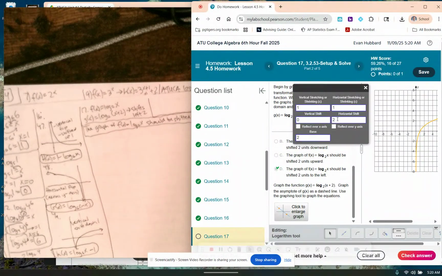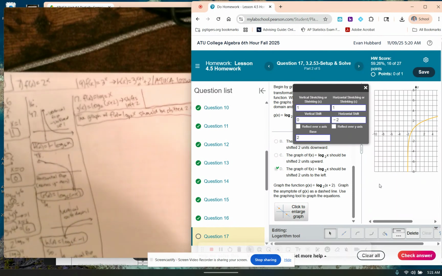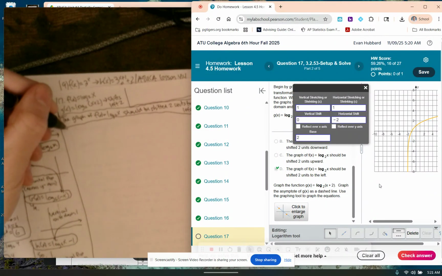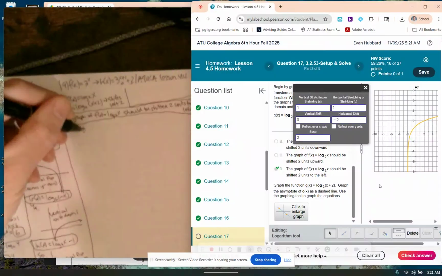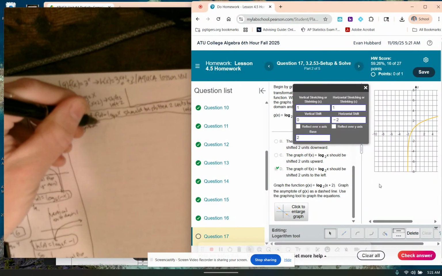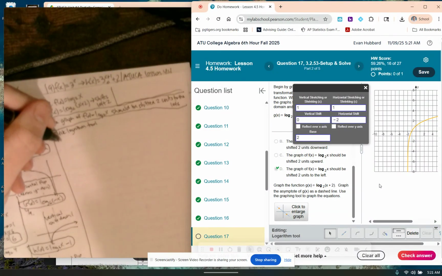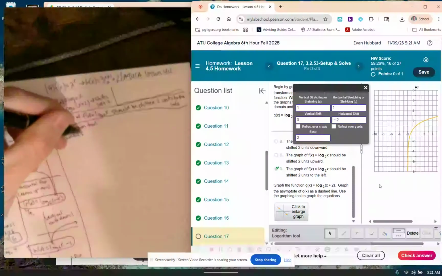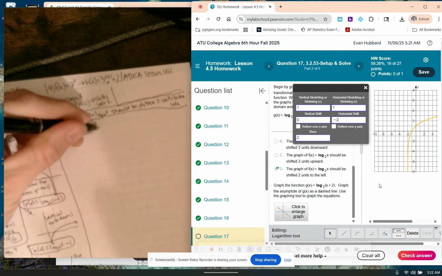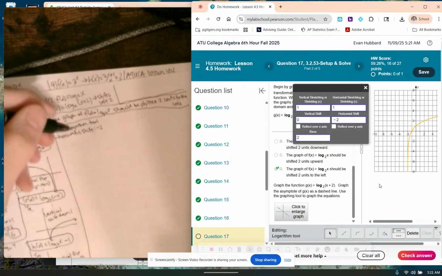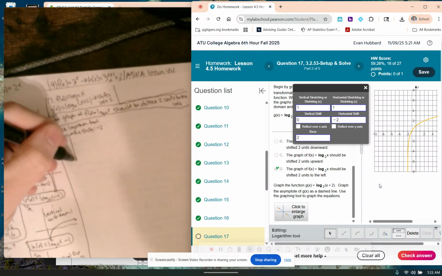Now it'd be negative 2 on this. There you go. So I'm going to help clarify that for you here. Click the logarithm tool, and then horizontal shift, negative 2. And as you do that, you'll get this sketch here.